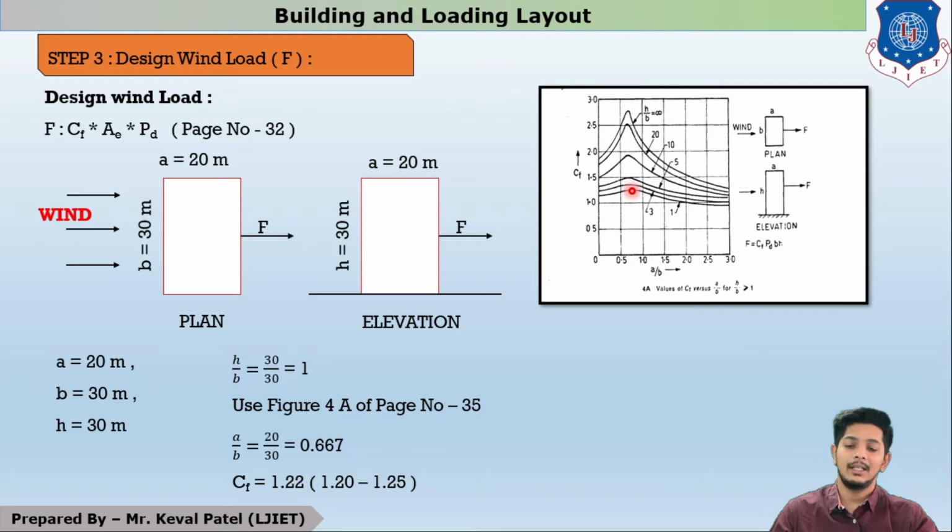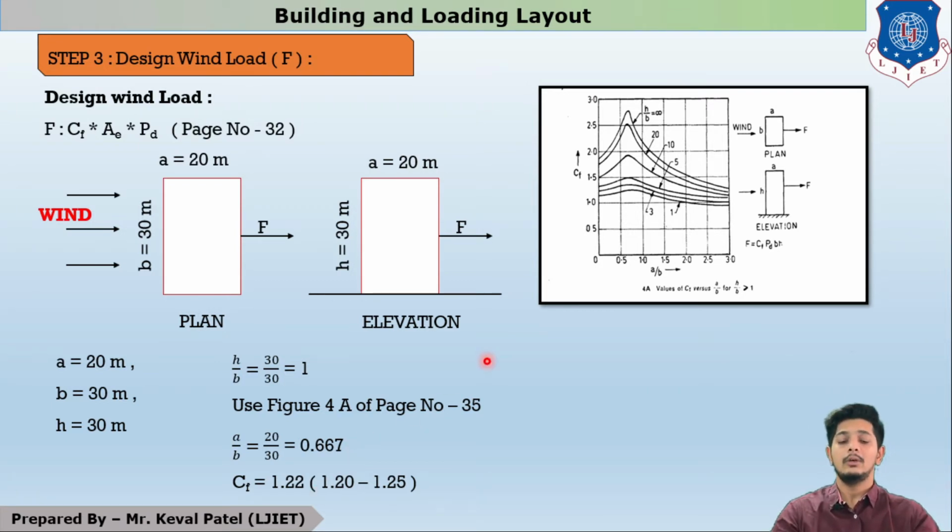So it will be taken as 1.22. It may happen in the exam that students take values from the chart according to their own judgment, that may change, and it will be allowed if it is in a proper range. So don't worry if you don't get the exact value 1.22 as mine.